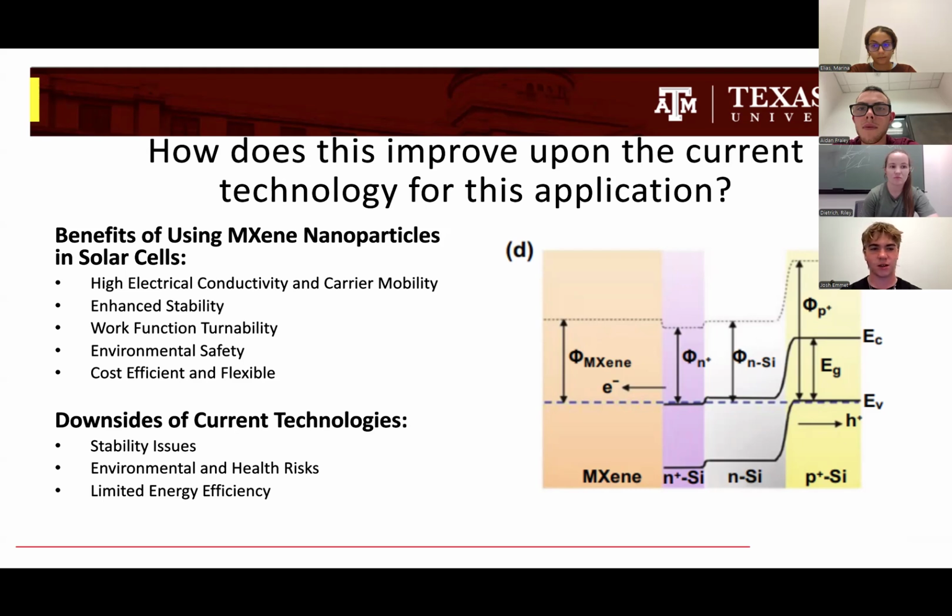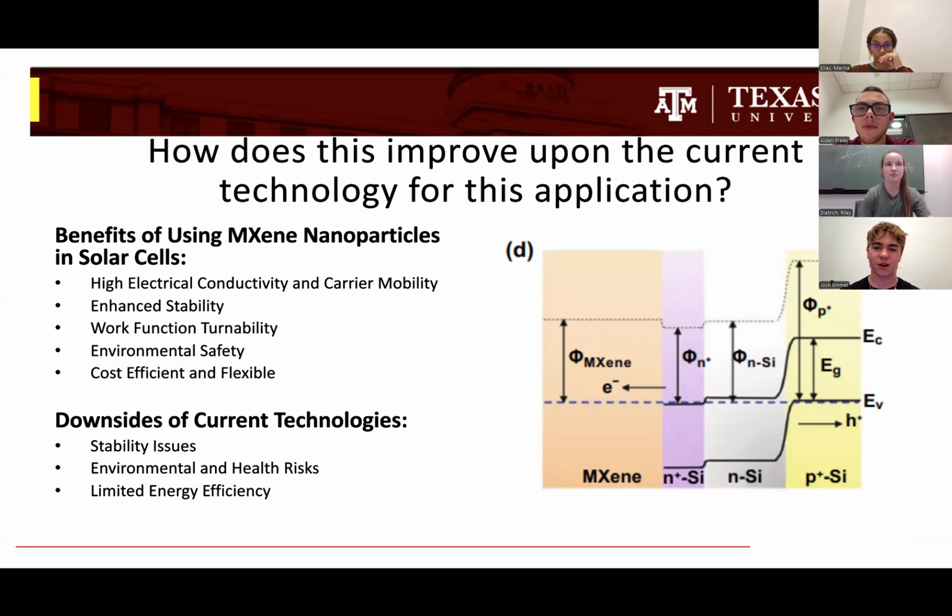It has enhanced stability under light and in ambient conditions. It has work function tunability. It is more environmentally safe because it is non-toxic and is made in a safer, more sustainable way than current materials, and it's more cost efficient and flexible.